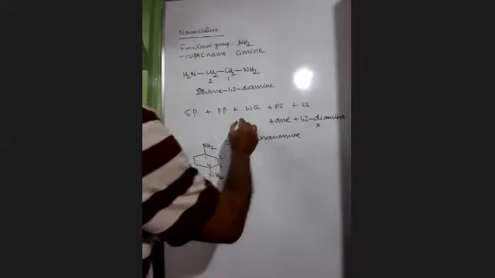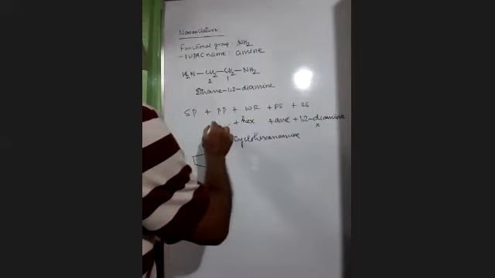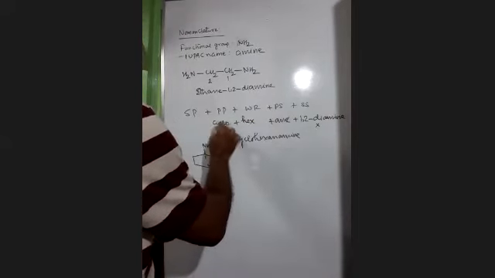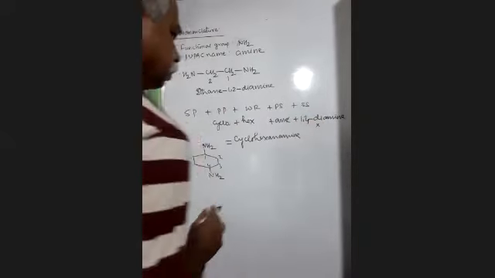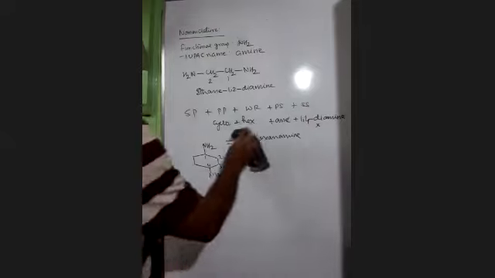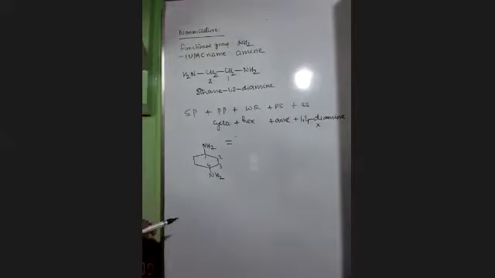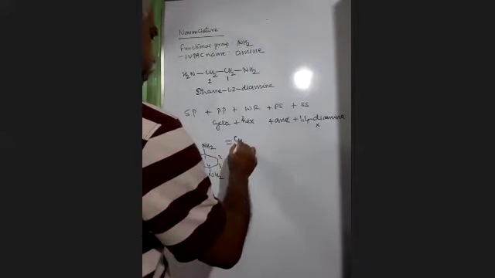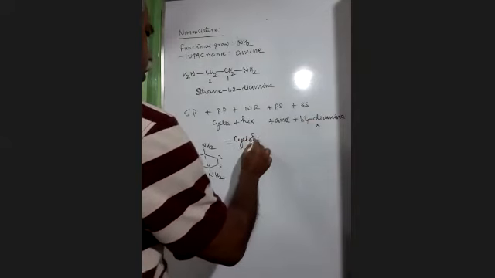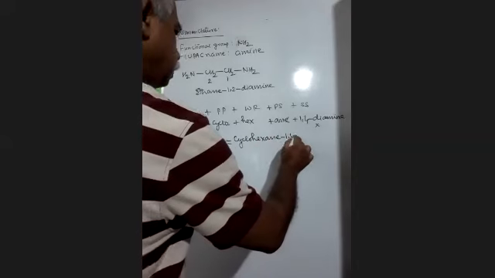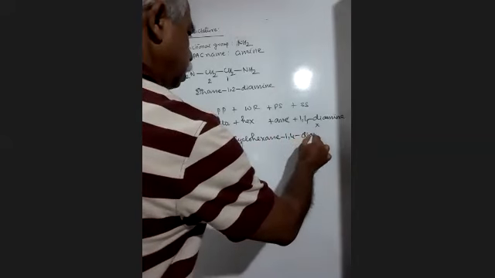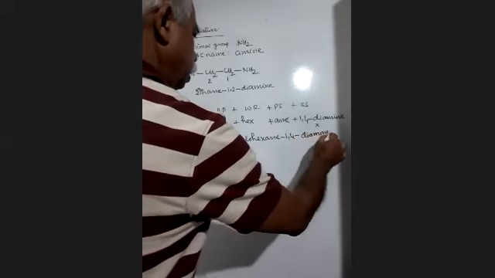This is hex, this is cyclo, and this is 1, 4. So the name will be cyclohexane-1,4-diamine.